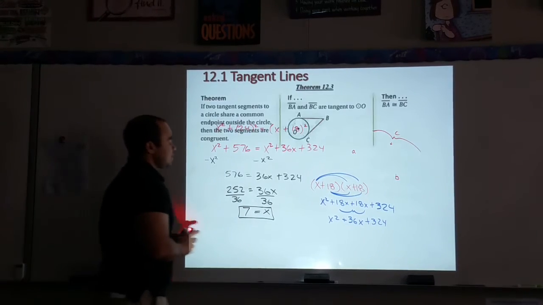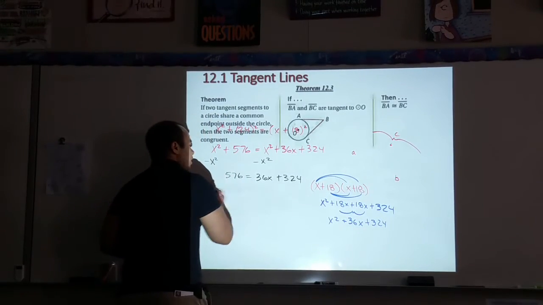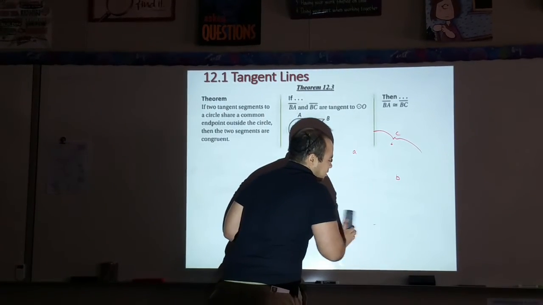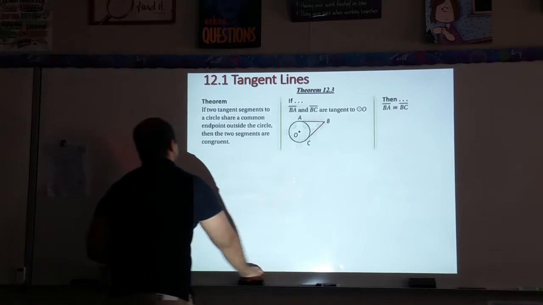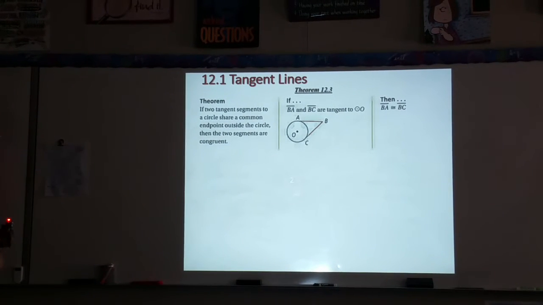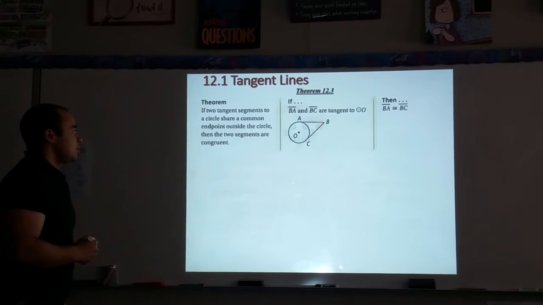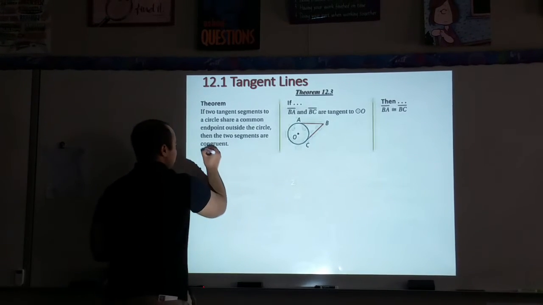All right, so looking at the last part of our notes, winding down here, we're getting towards the end. This last theorem that we have here states that if two tangent segments to a circle share a common endpoint outside the circle, then the two segments are congruent.